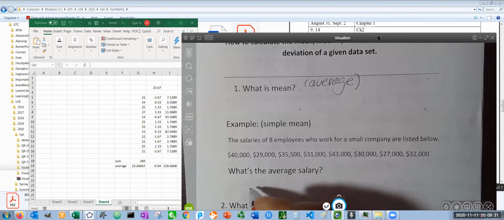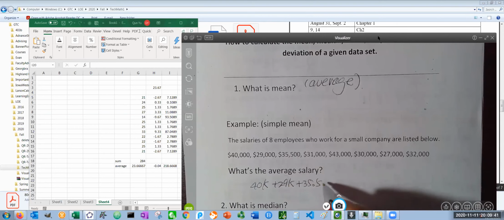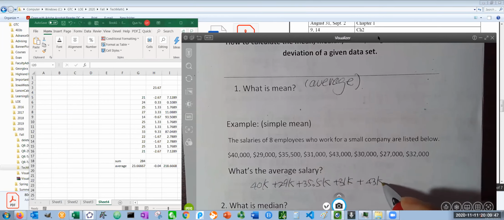So basically, we just add 40K. Let's use K instead of 000, just easier to write. 29K and 35.5K and 31K plus 43 and 30 and 27 and 32.